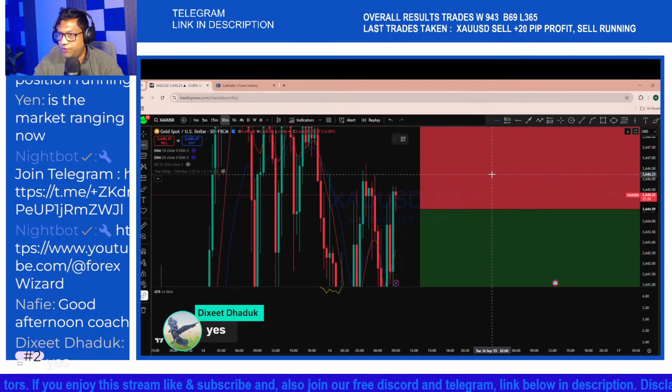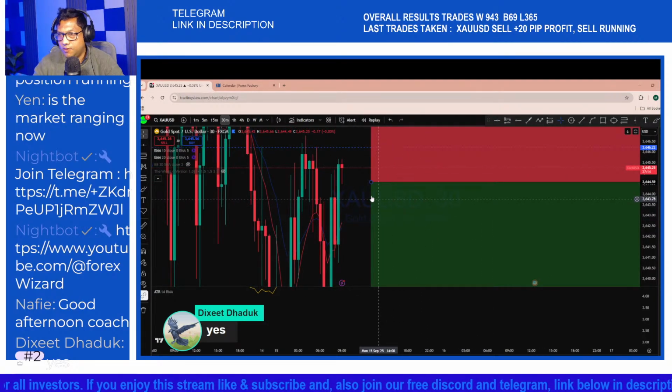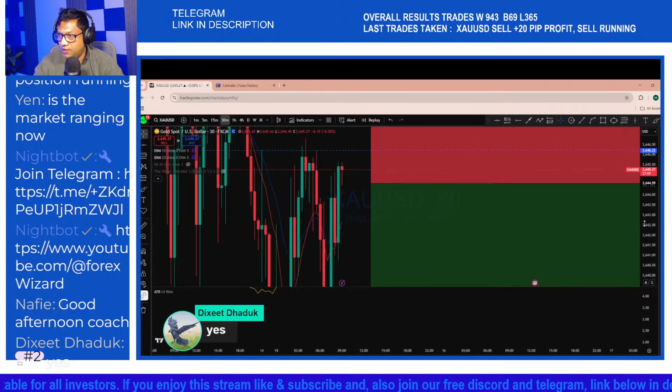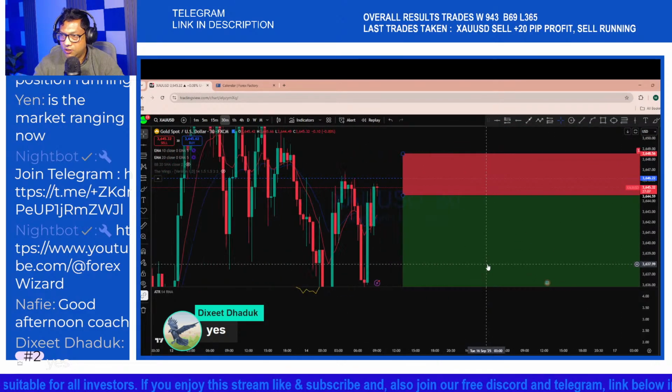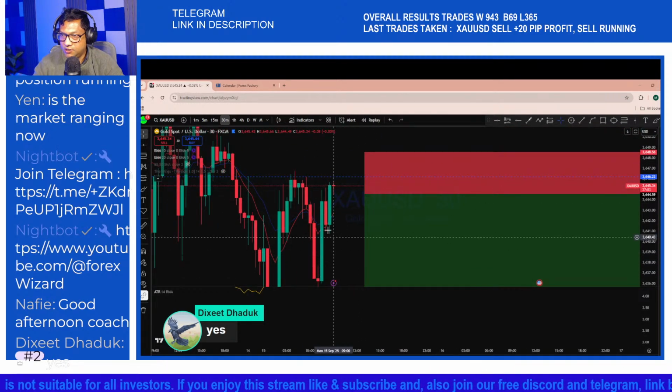This is the previous very important liquidity zone, the 3646 level, and the market might go there, or without breaking that high we could see the price come back for another retest here.